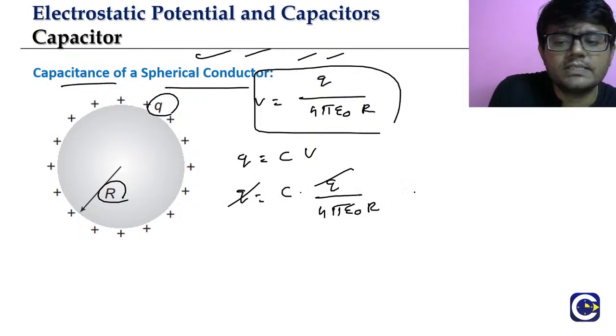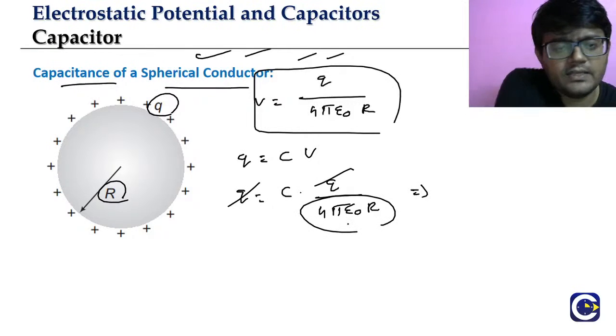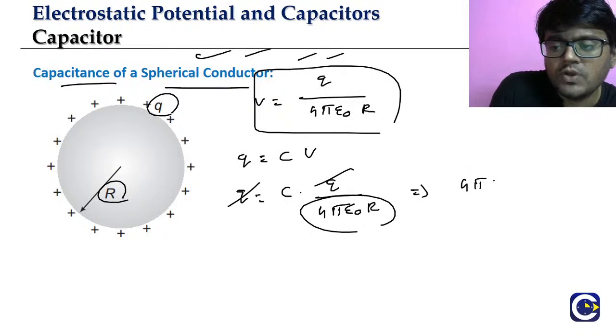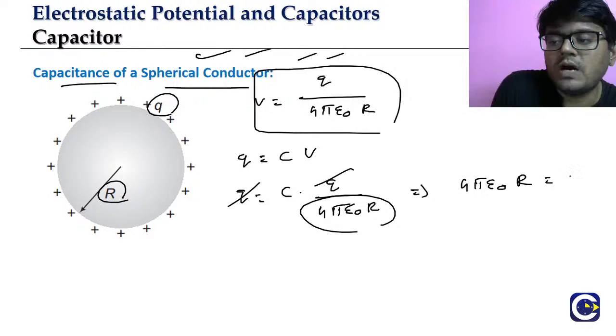Cancelling q, we take 4 pi epsilon naught into r to the other side, so C is equal to 4 pi epsilon naught into r.